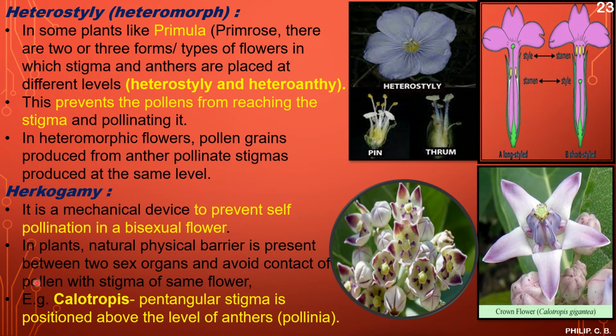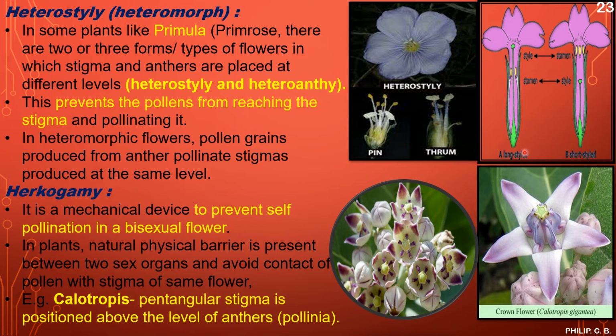Now next is heterostyly or heteromorphy. In some plants like primula, primrose, there are two or three forms or types of flowers in which stigma and anthers are placed at two different levels. So heterostyly and heteroanthy. Here we can see pin and thrum, as we have seen earlier.